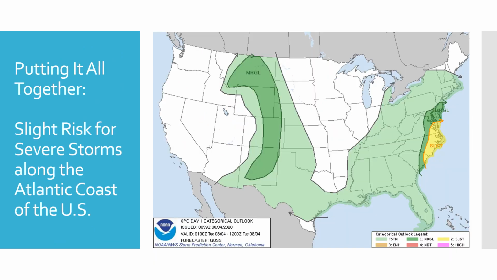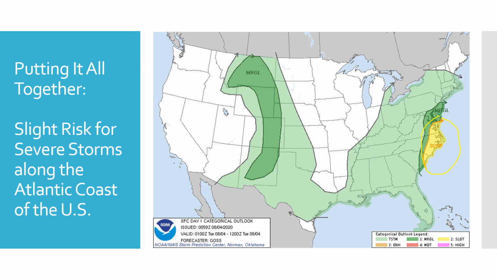Putting it all together, here is the Storm Prediction Center, or SPC, severe weather risk from this day. Notice how we have a slight risk of severe thunderstorms along much of the central eastern coast of the United States, stretching from South Carolina all the way up into Maryland.